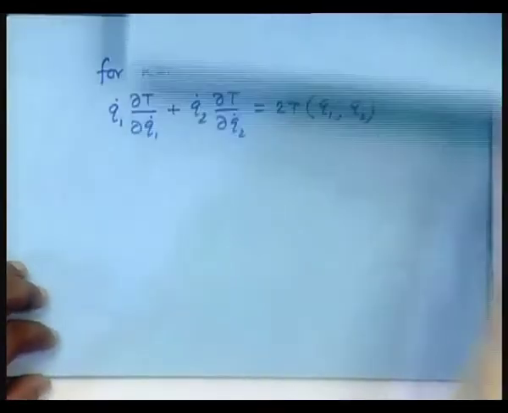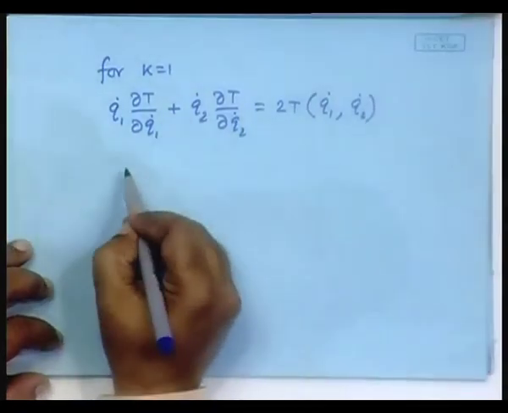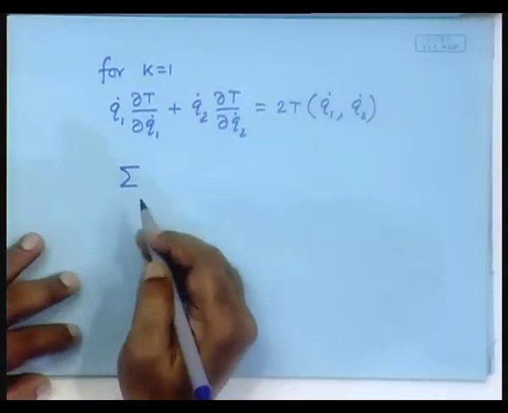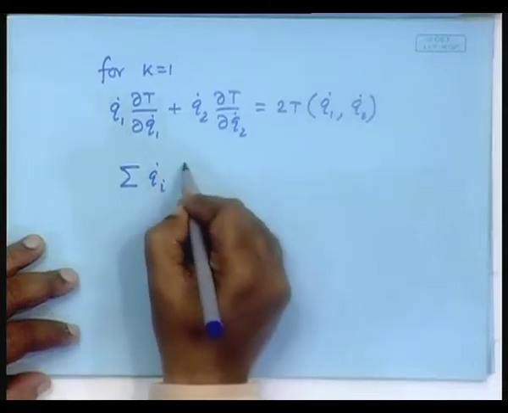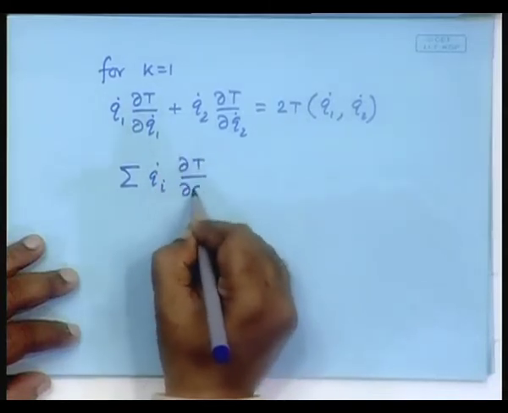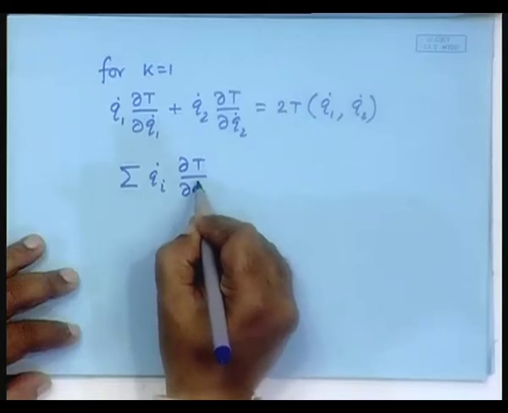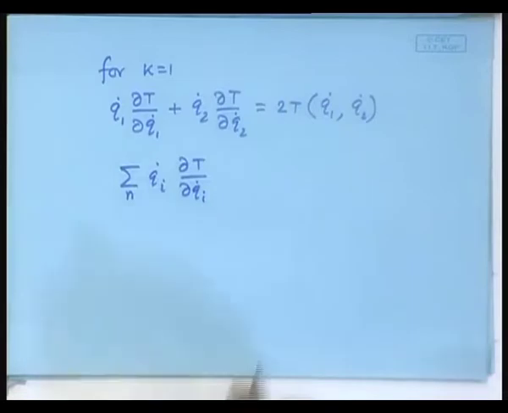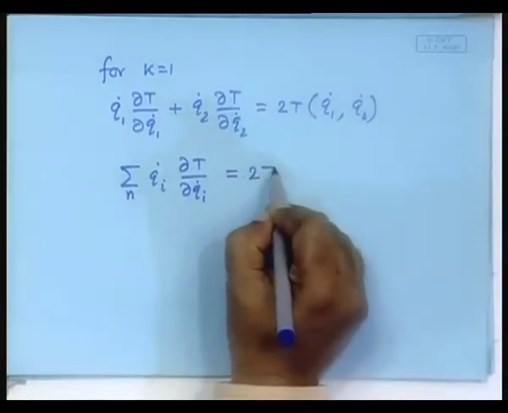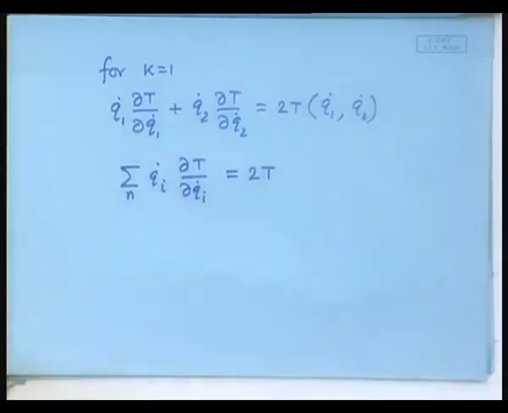So, in general we can write that this left hand side will be summation of q I dot, how many, n, and this side is twice T.